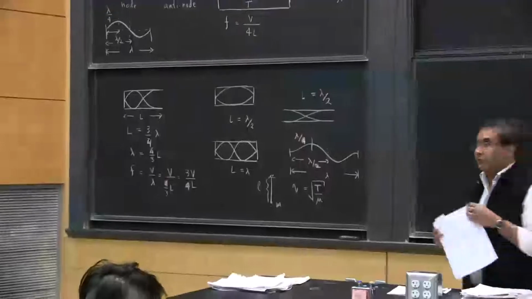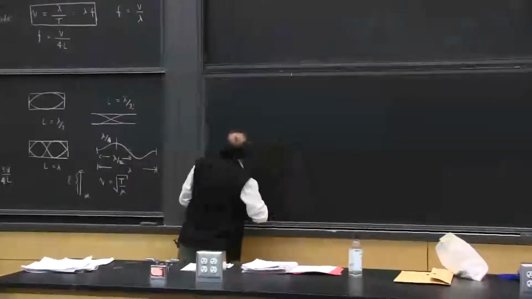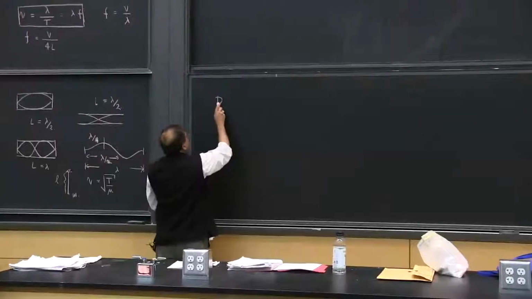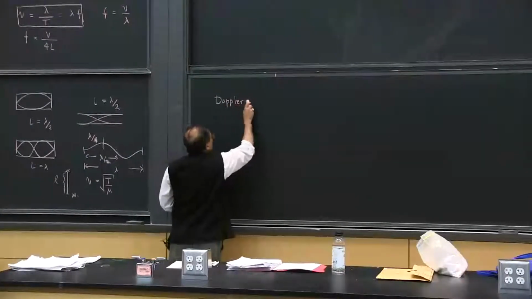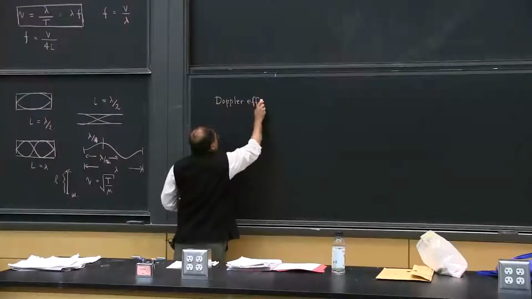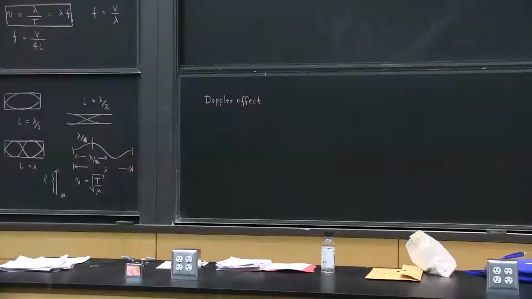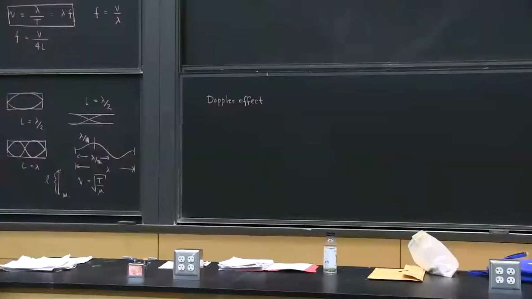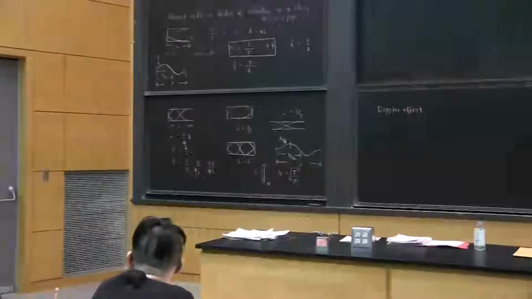One of the things I want to cover, because it has a lot of practical application, but again I'll do it at a very simple intuitive level, is the Doppler effect. So when you, for example, make an ultrasonic image of your heart, you will see that there are colors that show up on the screen.